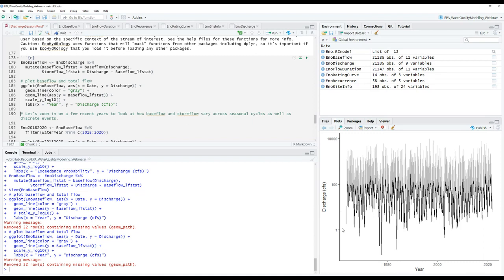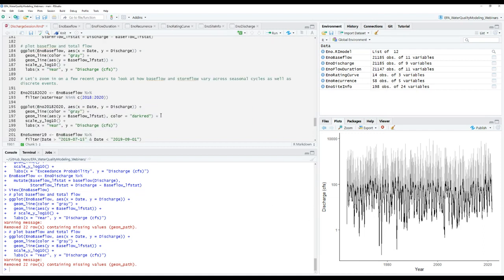So just noticing here, our baseflow will go anywhere from maybe about 1 cubic feet per second up to about 100 cubic feet per second, whereas our total discharge, which the balance of that would be storm flow, goes all the way up to upwards of 10,000. So this is just an illustration. Notice how baseflow isn't always the exact same across our data set. So our baseflow is fluctuating, but not as much as storm flow.